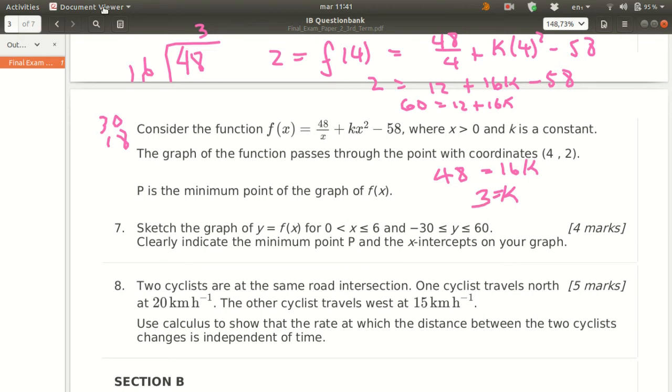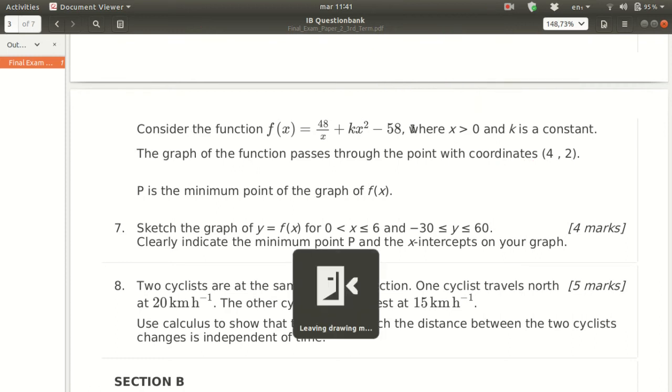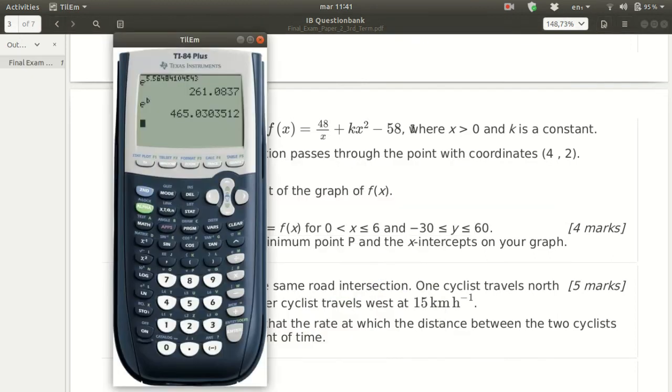You don't even have to do it by hand because you had the calculator. Okay, so the function is 48 over x plus 3x squared minus 58, which is a rational function. Okay, and then you have to do a sketch, which is easy. All you have to do is use the calculator. And they even give you the bounds for x and y.